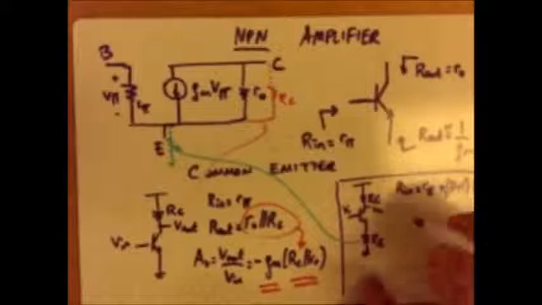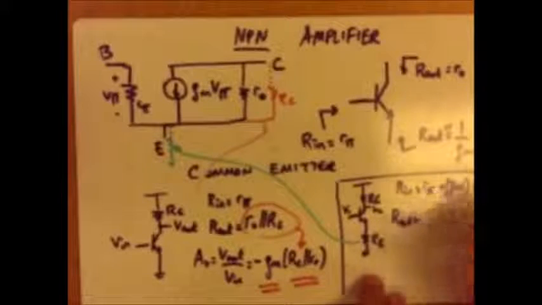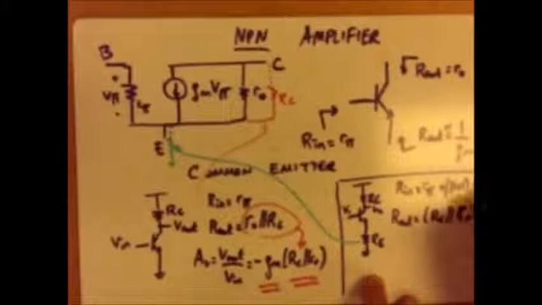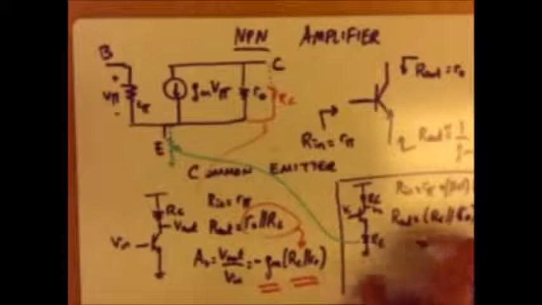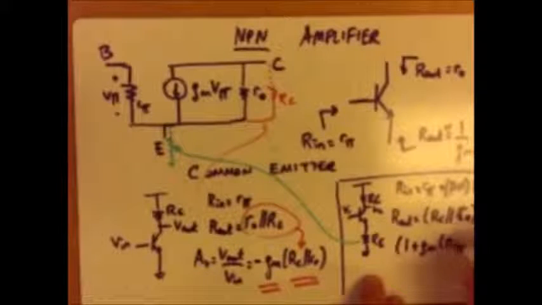Your output resistance would be the RC in parallel with ro times 1 plus gm RE in parallel with r pi.